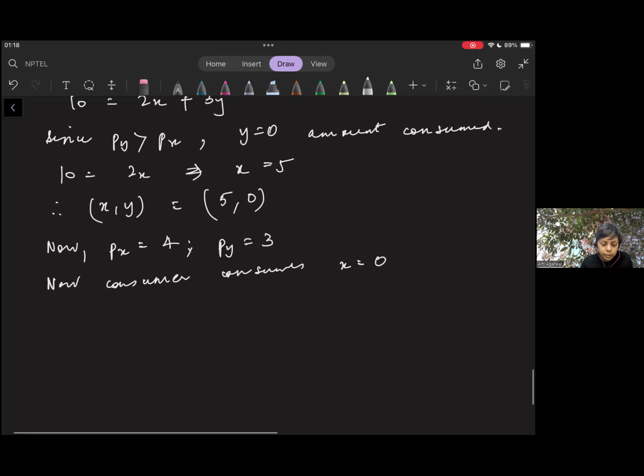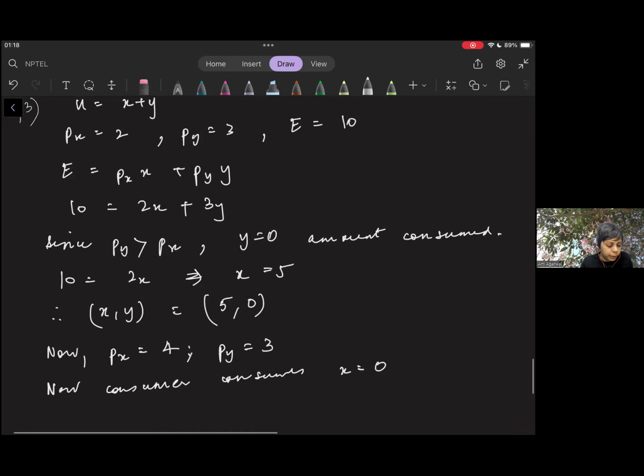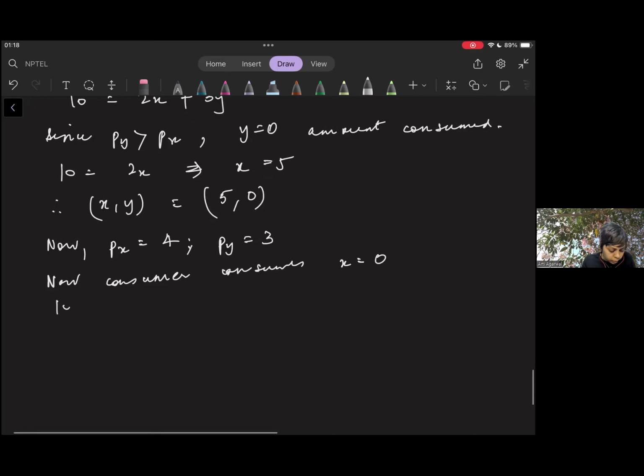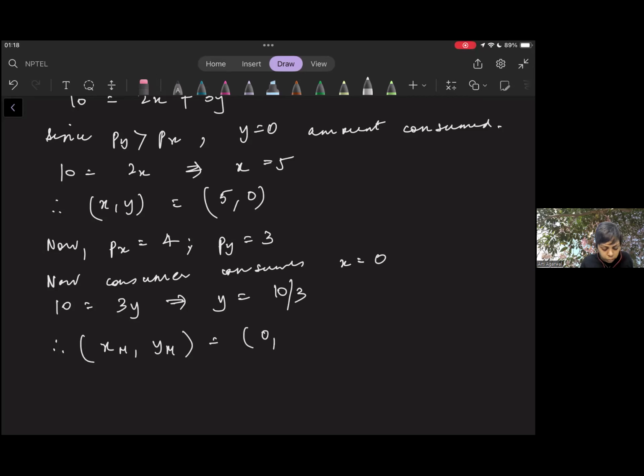Now if we put X equal to 0 in the expenditure function, you get 10 is equal to 3Y. Oops, sorry, not Py, Y. Therefore, you can write X^M, Y^M is equal to (0, 10/3).